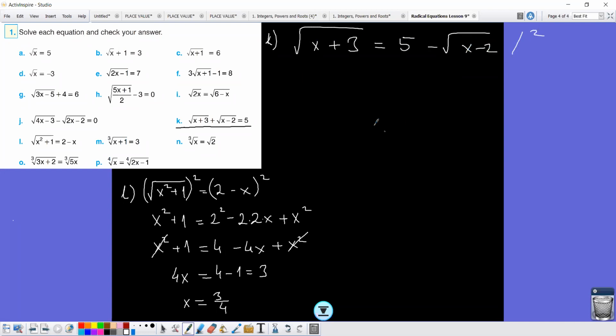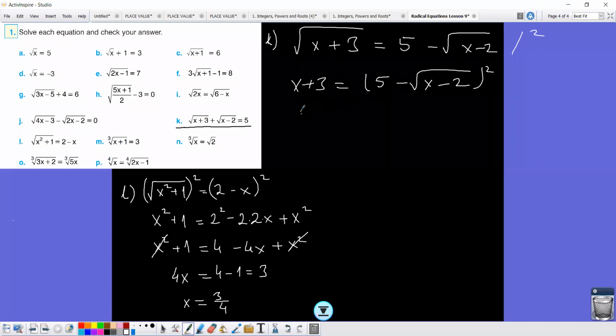Now when I take the square of both sides, what I will get, x plus 3 is equal to, here I have 5 minus root of x minus 2, squared. Don't forget, when you have subtraction or addition of two terms and square of them, you have to use binomial square always. So this part will be x plus 3 is equal to 5 squared, which is 25, minus 2 times 5 times root of x minus 2, and then plus this part.